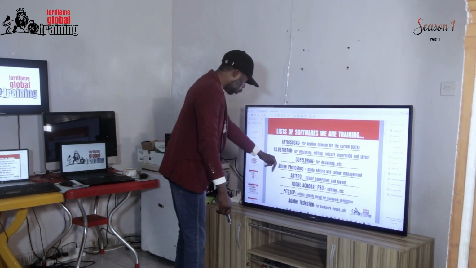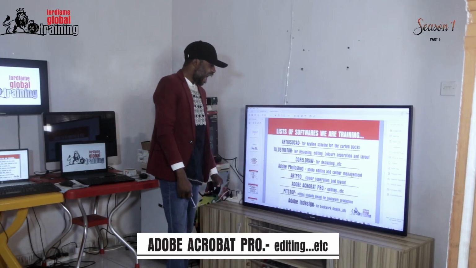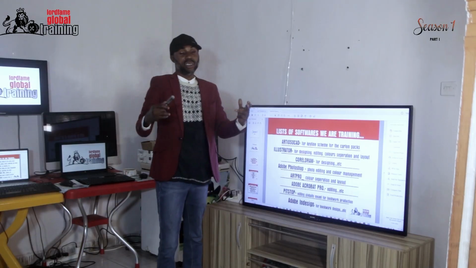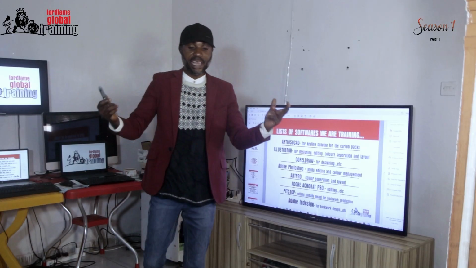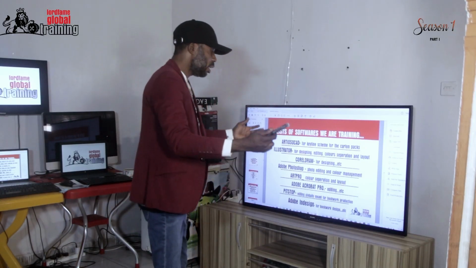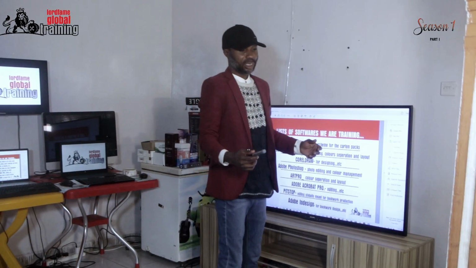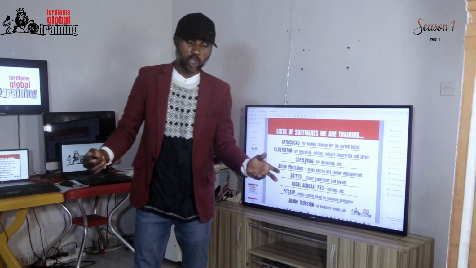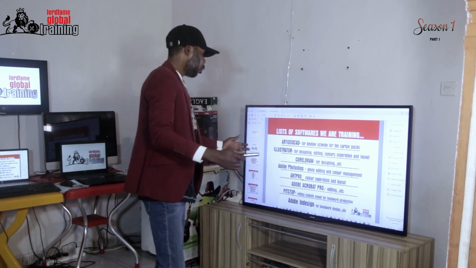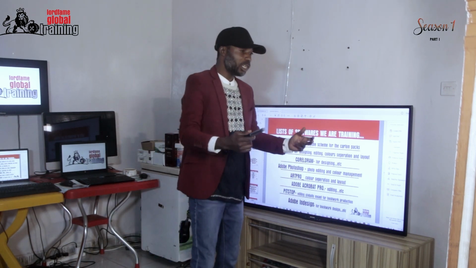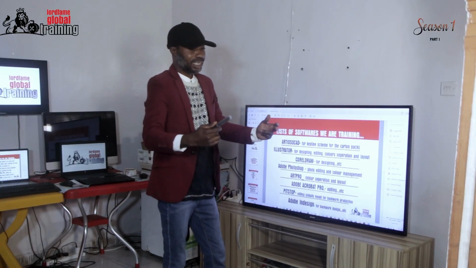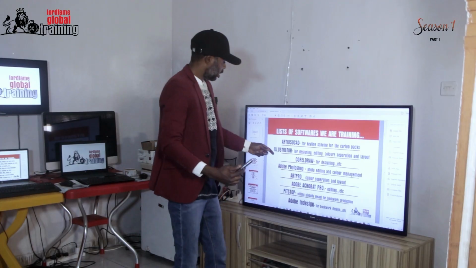The next one is Adobe Acrobat Pro. Many people are familiar with it; they normally hear PDF. I know that many people in this industry know PDF, but they don't know that there is a particular software that can open it.